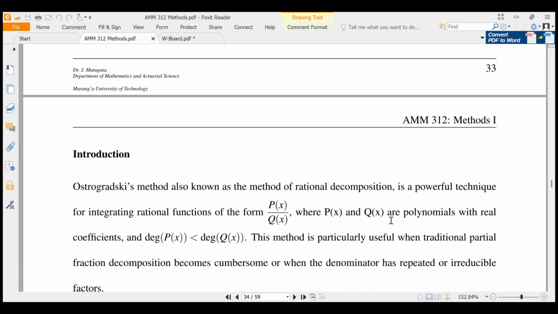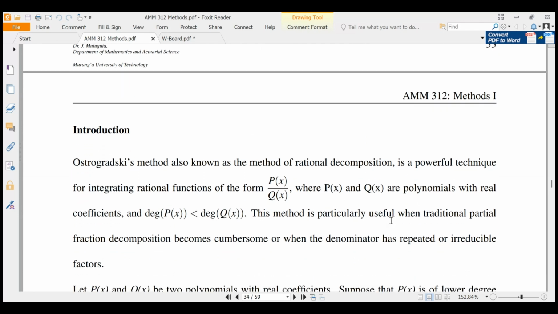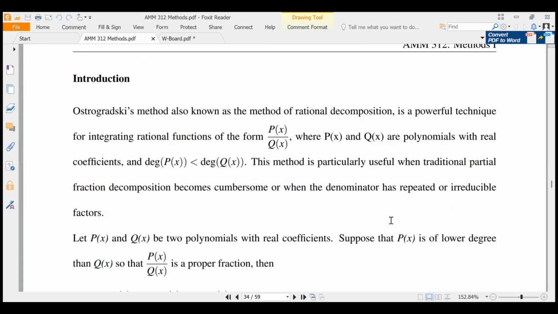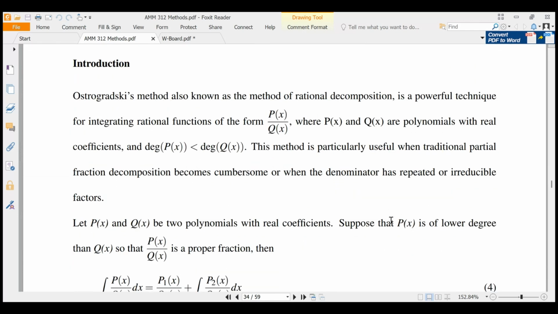This method is particularly useful when traditional partial fraction decomposition becomes cumbersome, or when the denominator has repeated or irreducible factors.